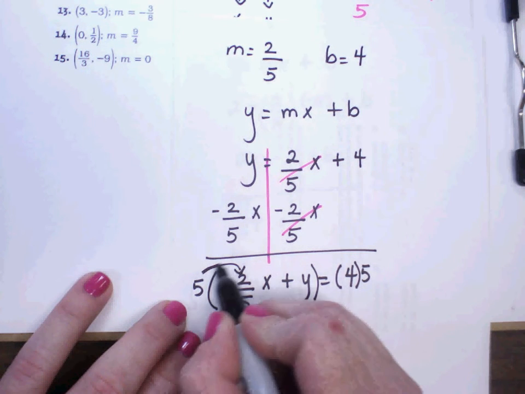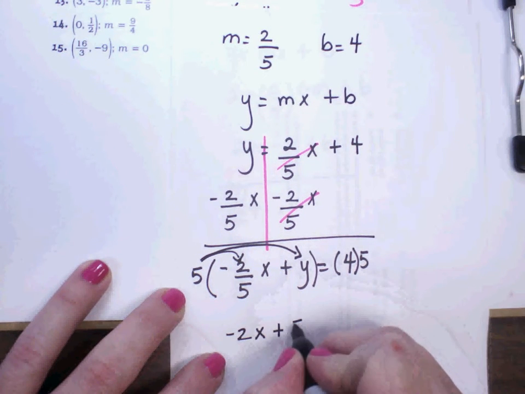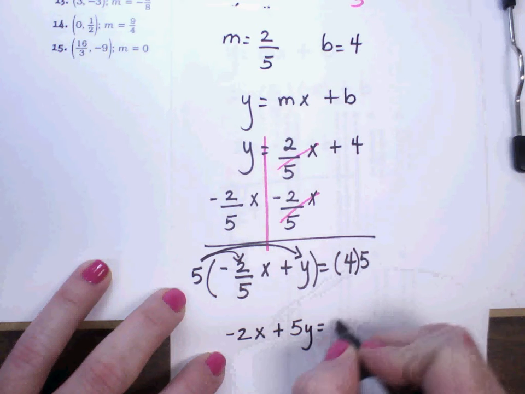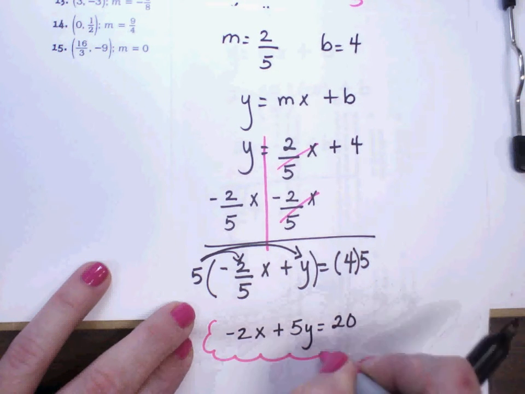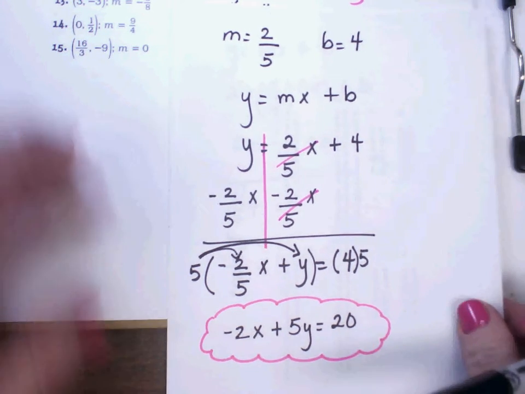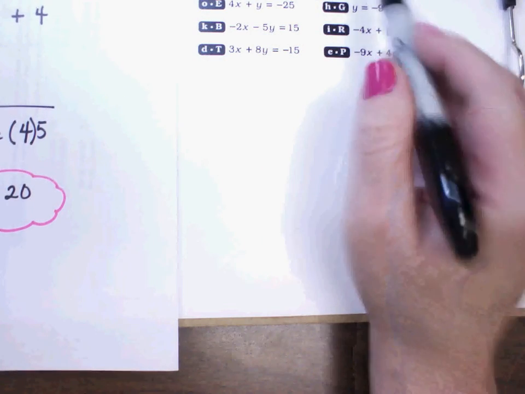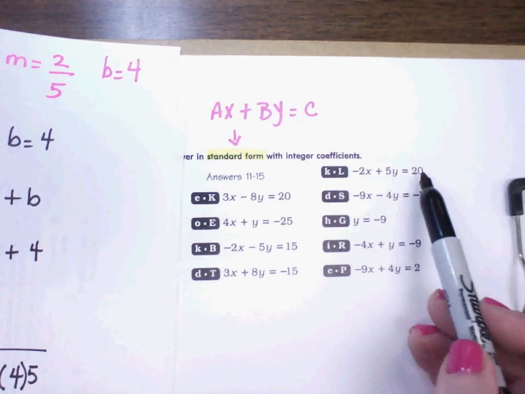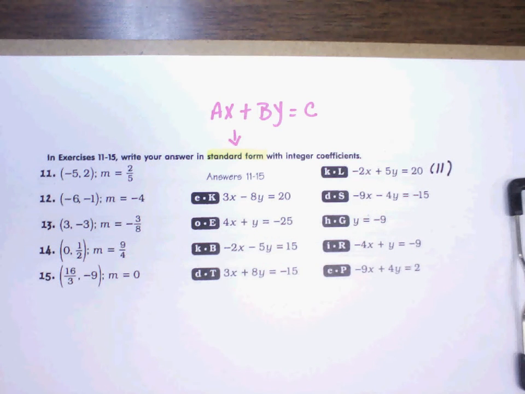But when I multiply that 5 by the y, it would be plus 5y, and then 4 times 5 would be 20. And I have my equation in standard form where x and y are together. So let me see if I can find that. -2x plus 5y equals 20. So this was number 11. All right, let's go to number 12.